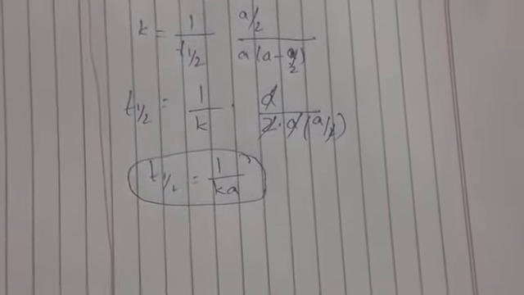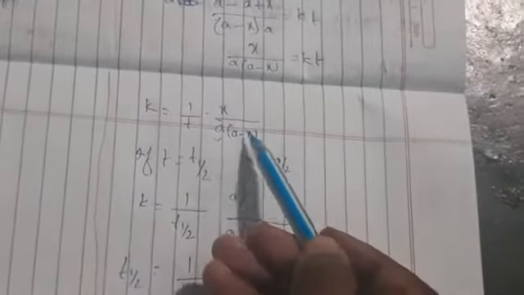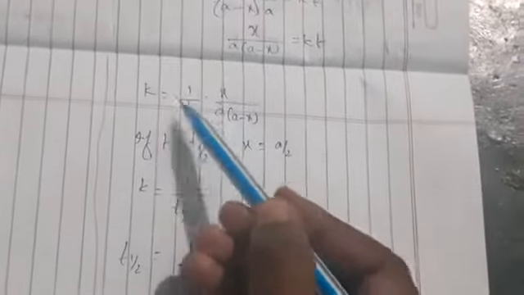Then coming to the units: for this equation we have concentration, so the units will be mole, liter and time.